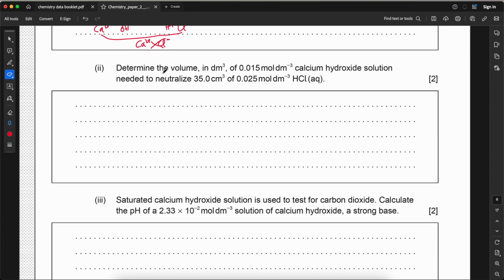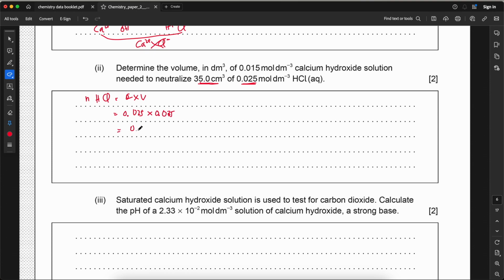Determine the volume in decimeter cube of 0.015 molar calcium hydroxide needed to neutralize 35 centimeter cube of 0.025 molar HCl. This is the concentration of HCl. So we can count the mole of HCl, C times V. So C is 0.025 times 0.035.